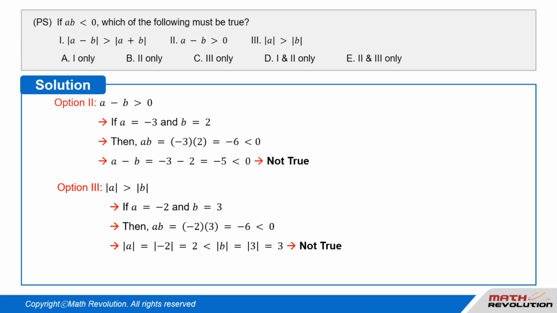However, absolute value of a is equal to absolute value of negative 2 equals 2, which is smaller than absolute value of b, which equals absolute value of 3, which equals 3. Thus, this option is not true. Thus, only option 1 is true and A will be the correct answer. Answer A.